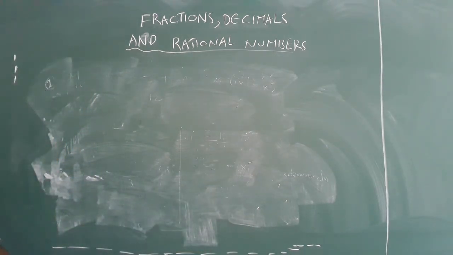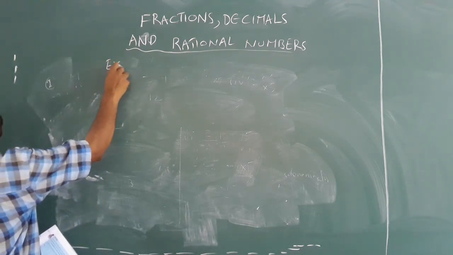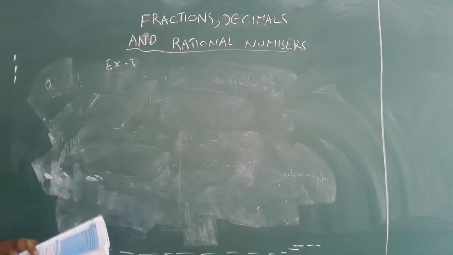Children, next, exercise 3. In this exercise they have given 7 problems. First bit: find each of the following products.